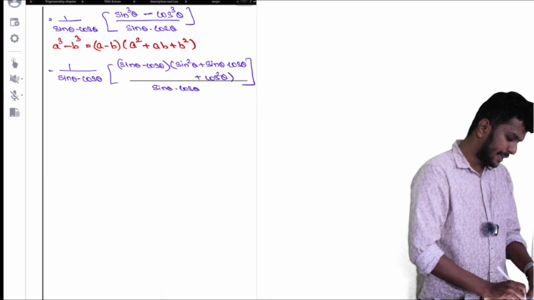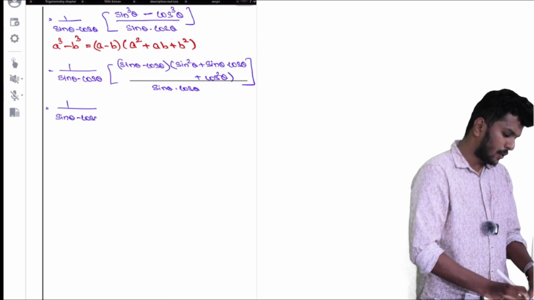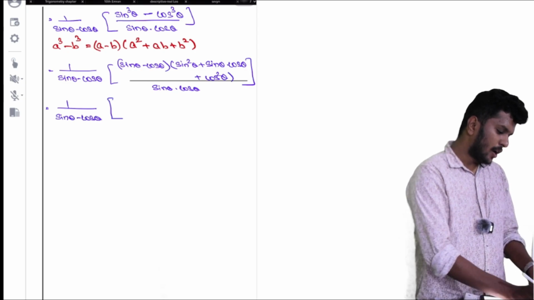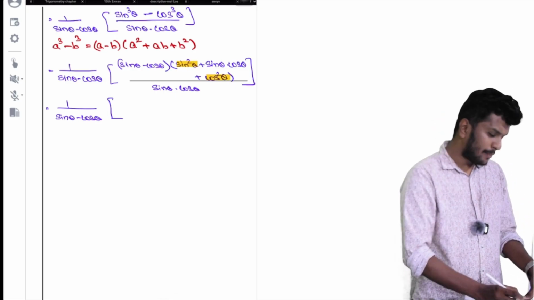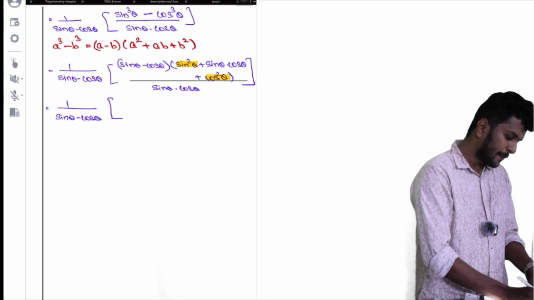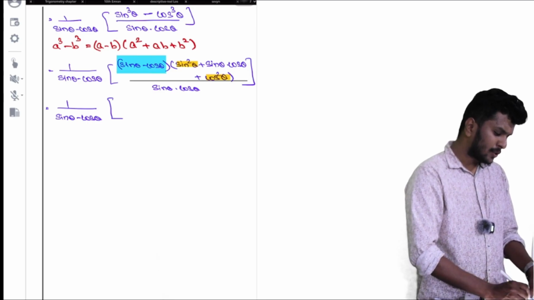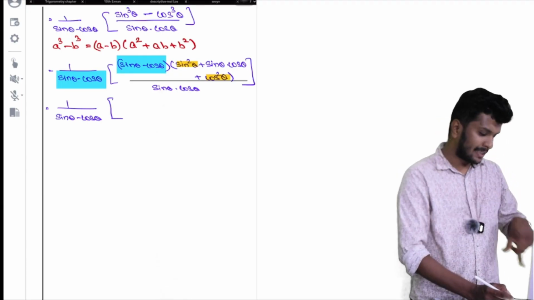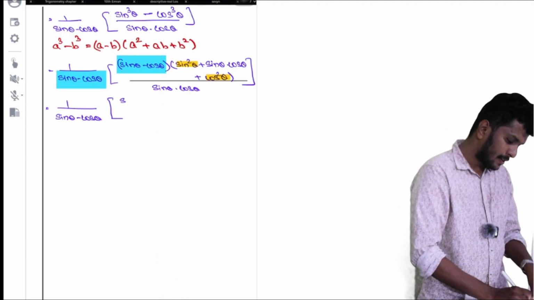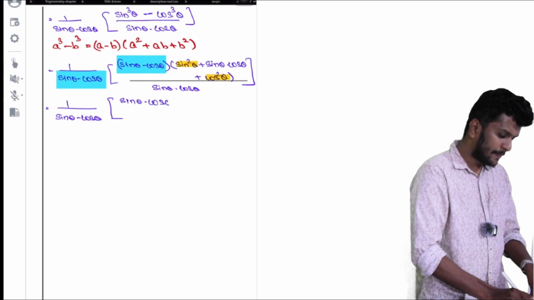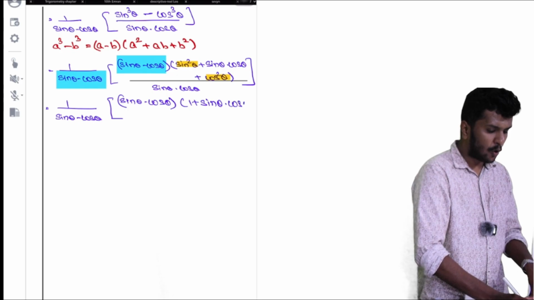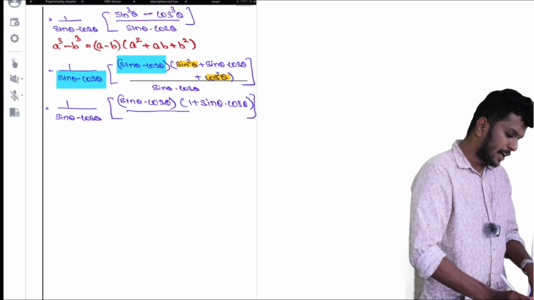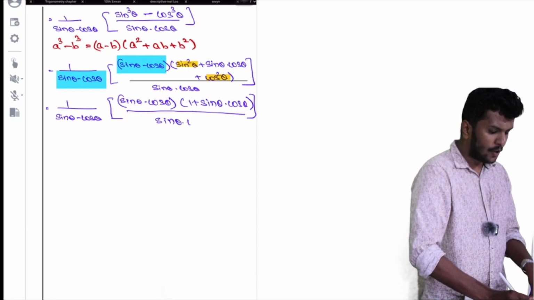So what happens within the bracket: sine square theta plus cos square theta becomes 1. And sine theta minus cos theta and sine theta minus cos theta get cancelled. Sine theta minus cos theta into 1 plus sine theta into cos theta, close the bracket, divided by sine theta into cos theta.